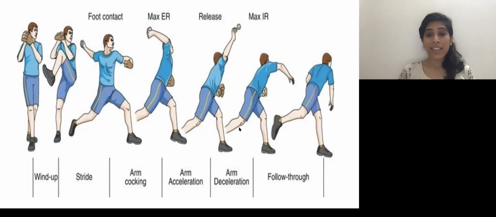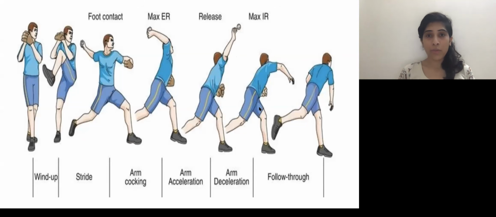Then the arm deceleration movement. During the acceleration to the deceleration phase, this external rotation of the shoulder will occur initially, and then it will go into internal rotation. And then the ball will get released from the hand, and then the follow through phase will come.